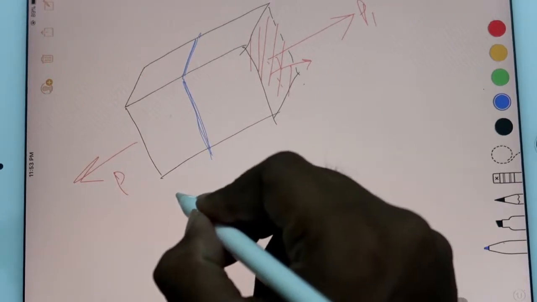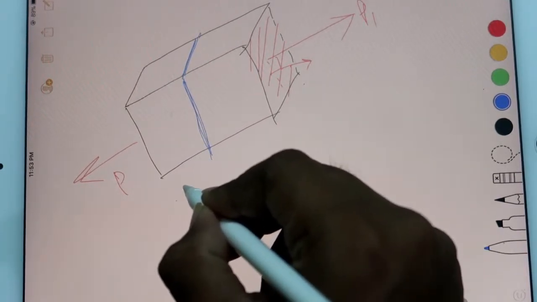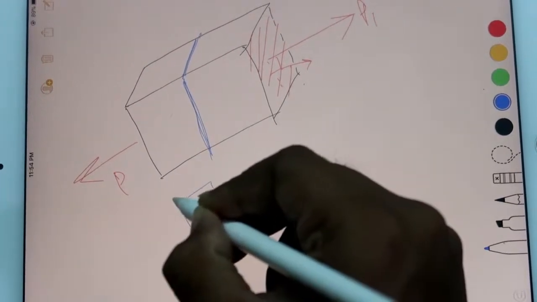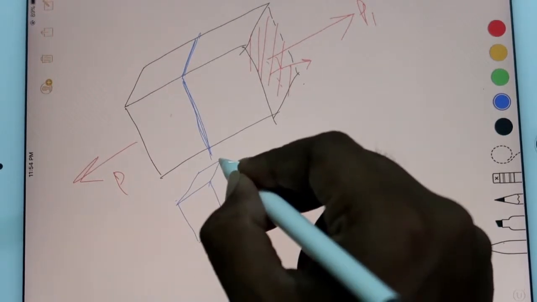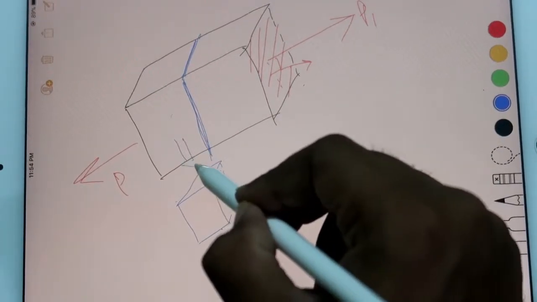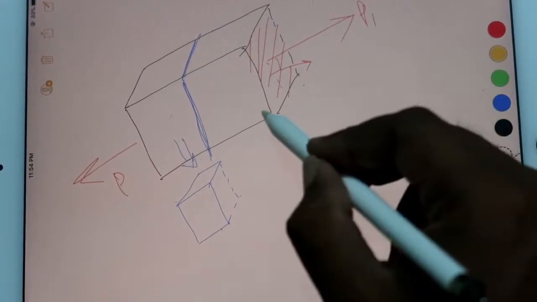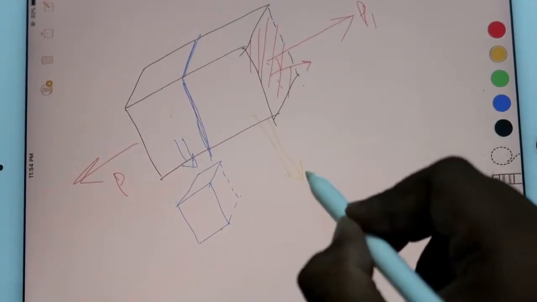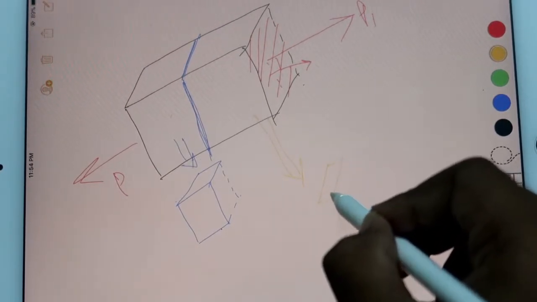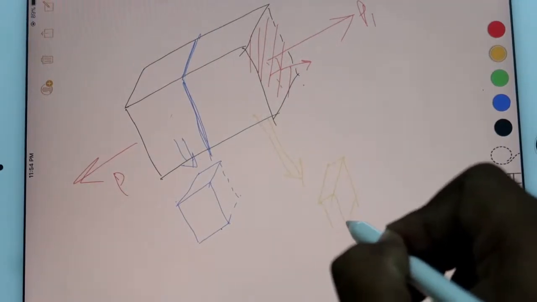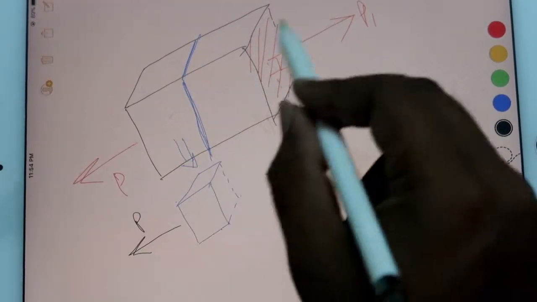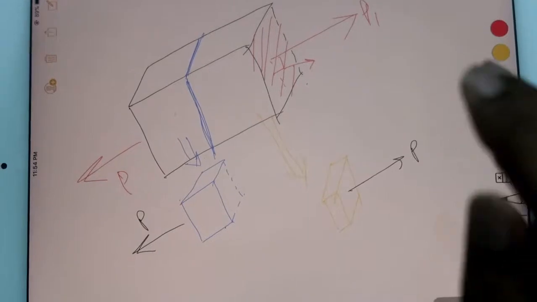One portion is this, and this portion is this. The force P is acting here, and force P is acting there.